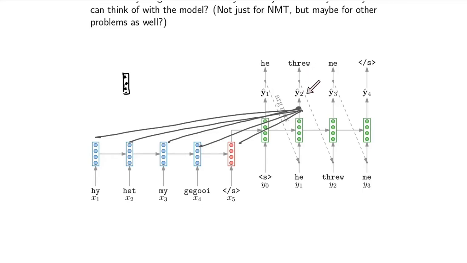And then before I make my final output here, I'm going to look at this weighted sum, which is just a weighted version of these vectors. I'm going to get that vector in here, concatenate it to my other hidden representations, and before I predict the word at the second time step, I'm allowed to look at this vector. That's the basic idea behind attention. Now, just as a reminder, it will seem slightly complicated now.